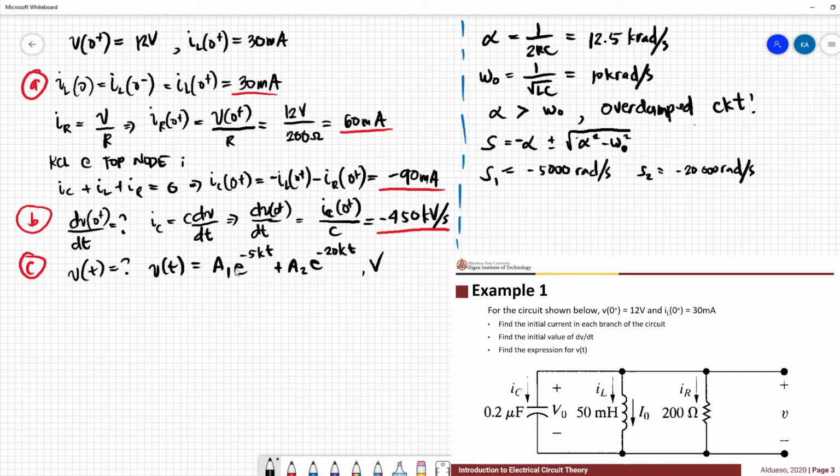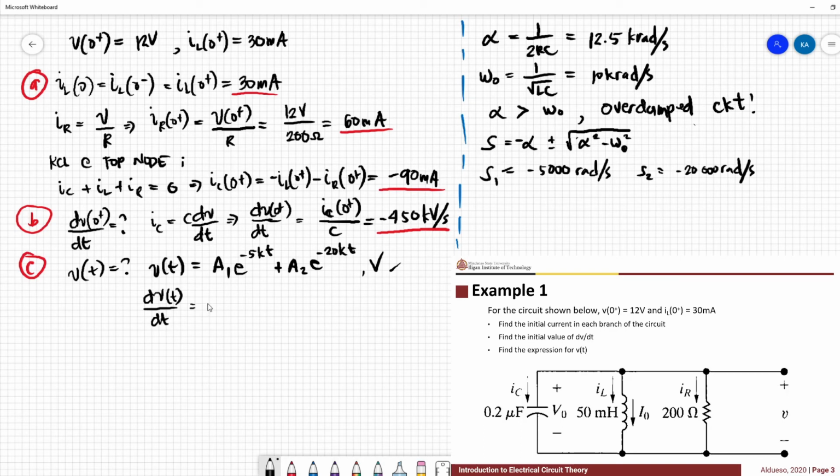So how do we find the values for A1 and A2? We need two equations. For the second equation, we need to get the first derivative of this expression.